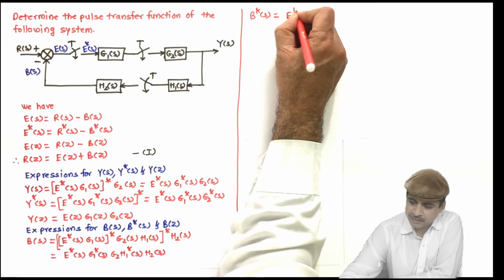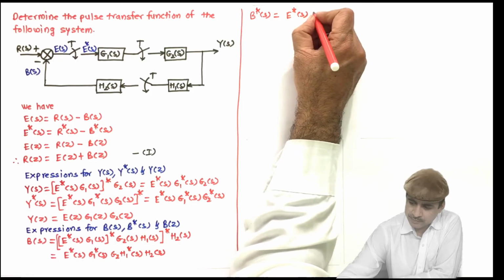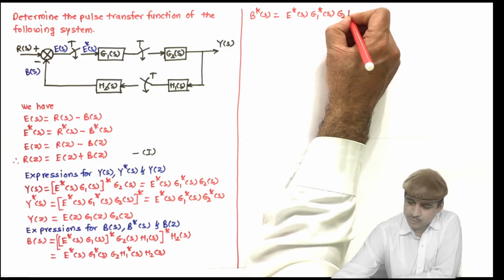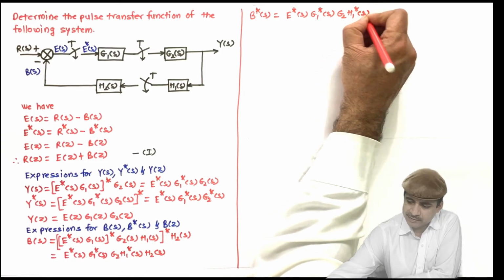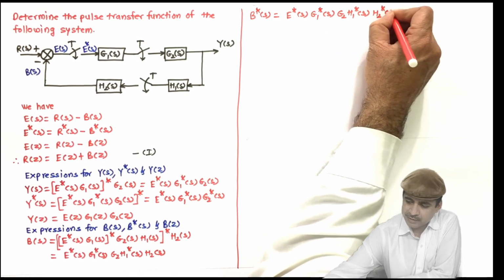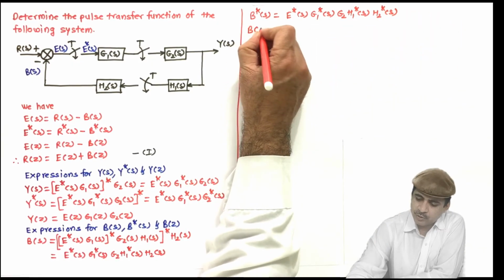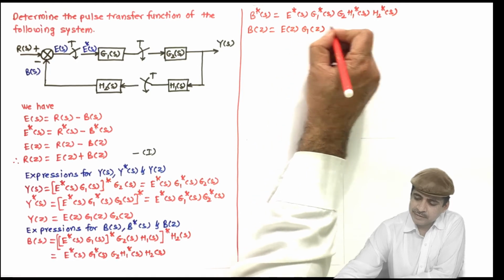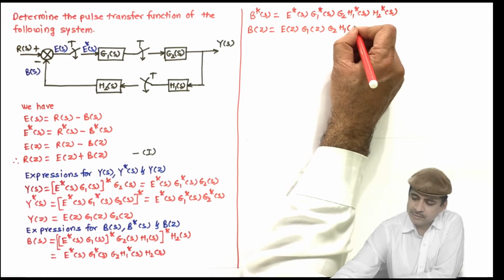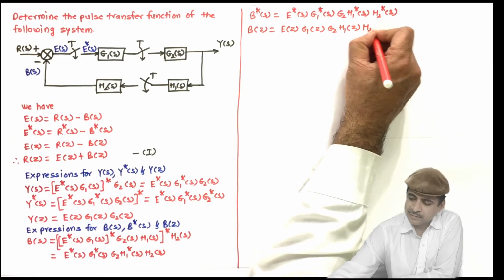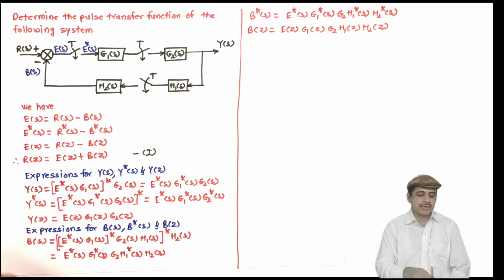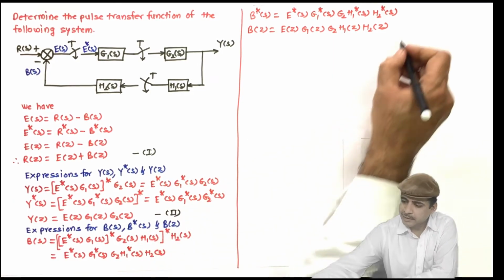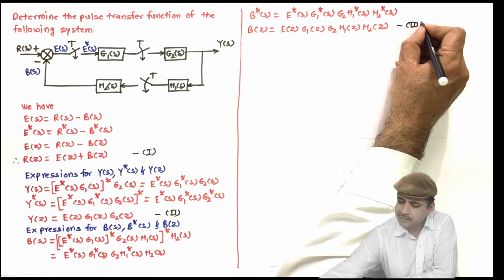So it will be E*(s) G1*(s) G2H1*(s) H2*(s), and this gives me B(z) equal to E(z) G1(z) G2H1(z) H2(z). Now let me mark this as 2 and this as 3.